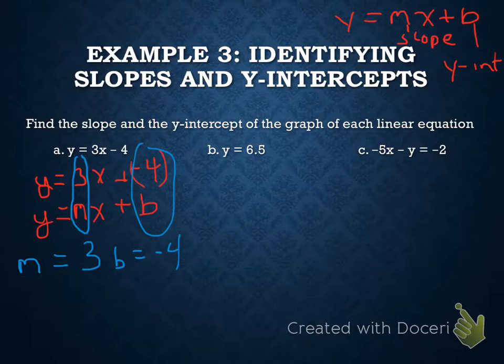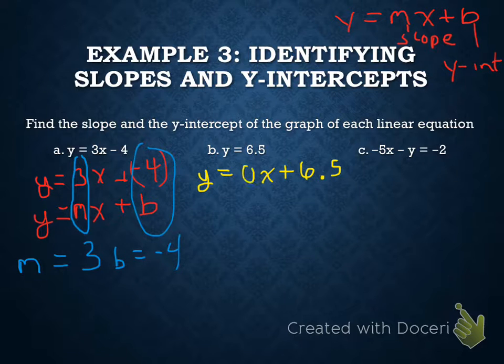So let's look at this next one. We have y equals 6.5. Well, it's not quite in that form, so let's figure out how we can do that. We're going to rewrite this so that it looks like y equals something times x plus my 6.5. Well, since I don't have an x term, how do I show that?